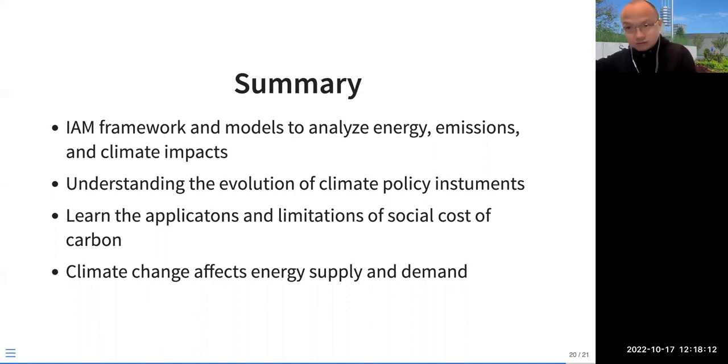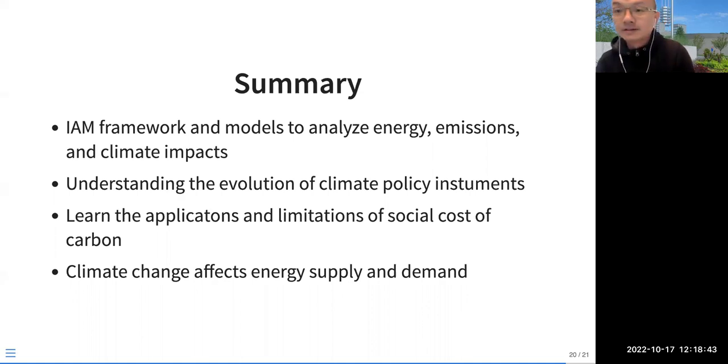It shows how the policy community really developed the idea, and it's very important to understand the applications and limitations of different policy instruments and know what works or what doesn't, and how we can have better modeling in order to incorporate or improve those limitations.